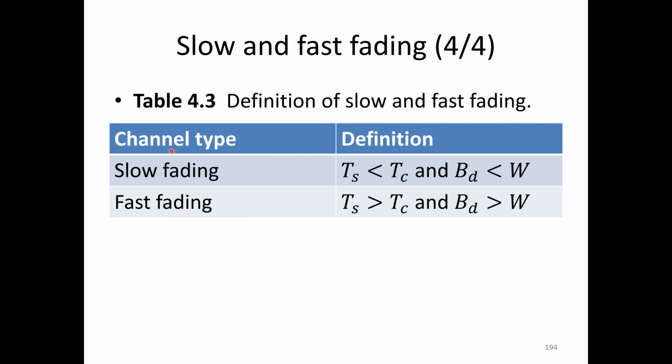When the channel type is fast fading, conversely, the definition is Ts is greater than Tc and Bd is greater than W.